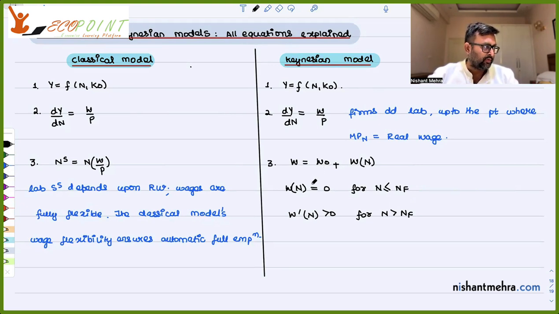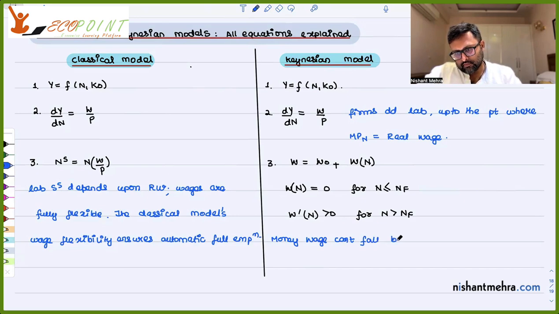That is the fixed money wage. That is also given to you. This is the meaning of this thing.